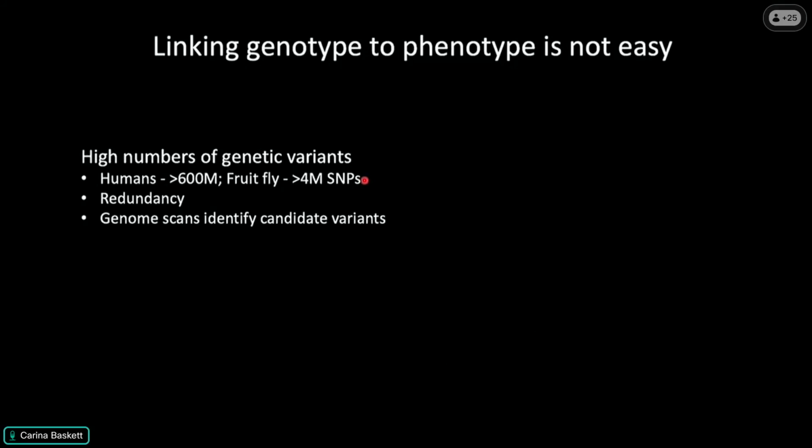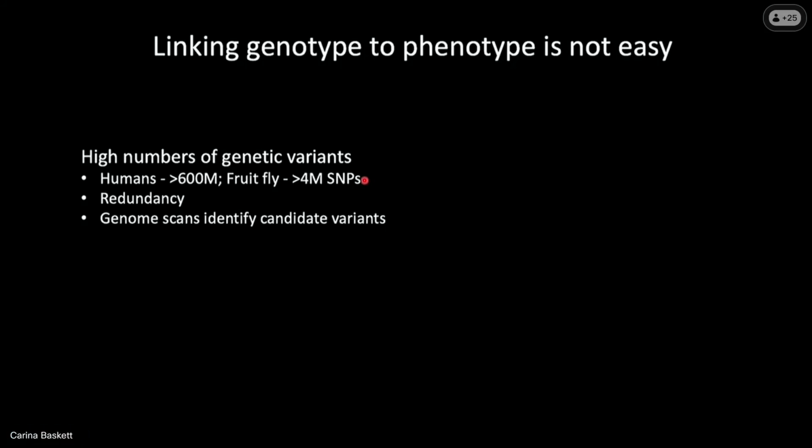For fruit flies, which is my model organism, it's a bit less, but it's more than 4 million as well. So still large numbers. And what you see is that if you take different populations with different genetic backgrounds and they evolve towards a certain phenotype, they can take very different genetic routes getting there. So there's a certain level of redundancy for many phenotypes that we look at.